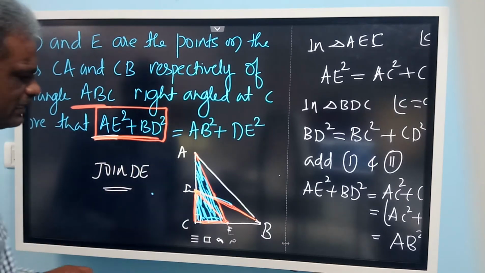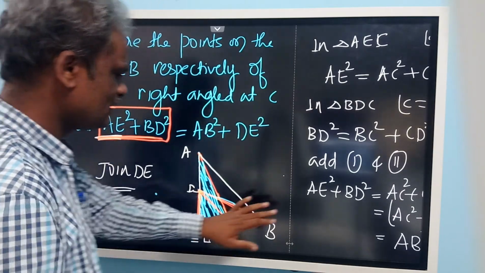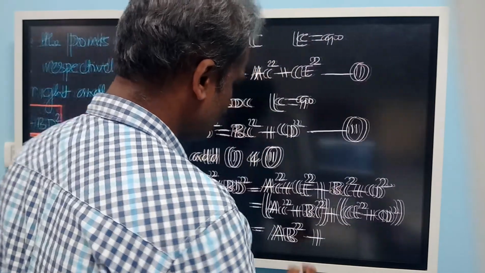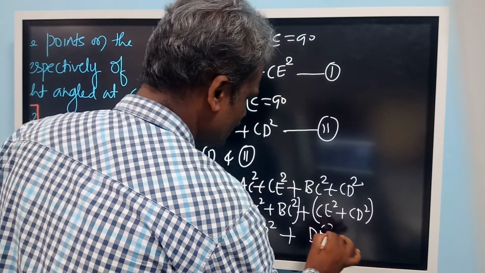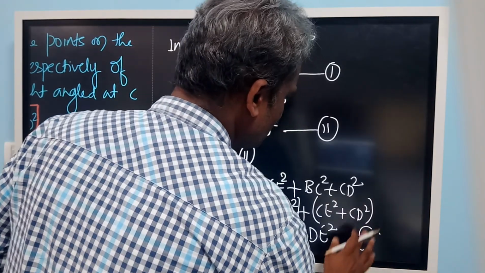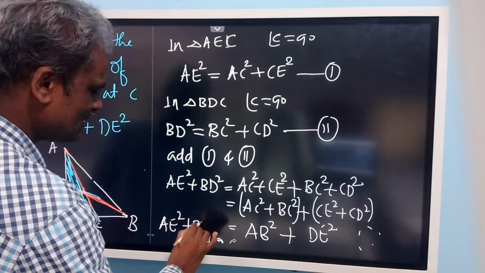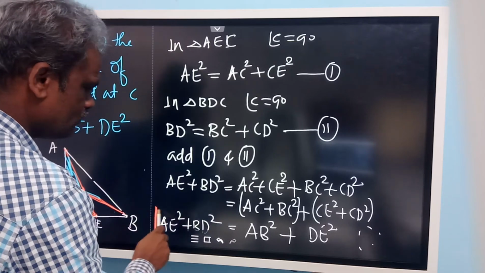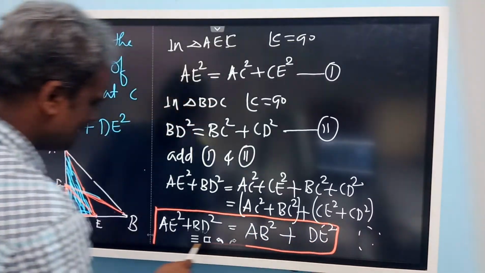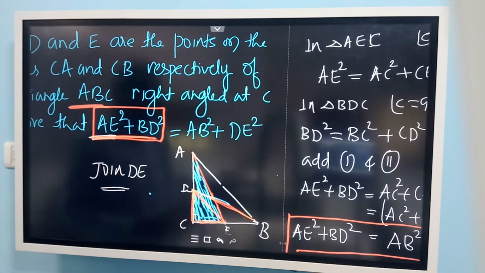Then CE square plus CD square is DE square. So you can write DE square here. No need of writing the triangle, this is enough. So the left hand side AE square plus BD square is equal to AB square plus DE square. That is the proof we wanted.